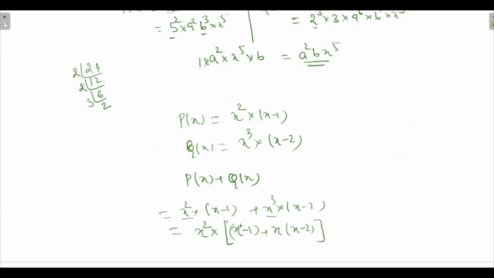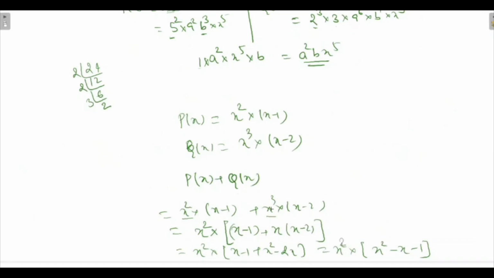So this way we try to simplify the expressions also at times. So here you can write this expression again as x square into x minus 1 plus x square minus 2x, and then this can be written as x square into x square minus 2x, and this plus x will become x square minus x, and this will be a minus 1. So this expression which was looking like this can be reduced to this expression as well.